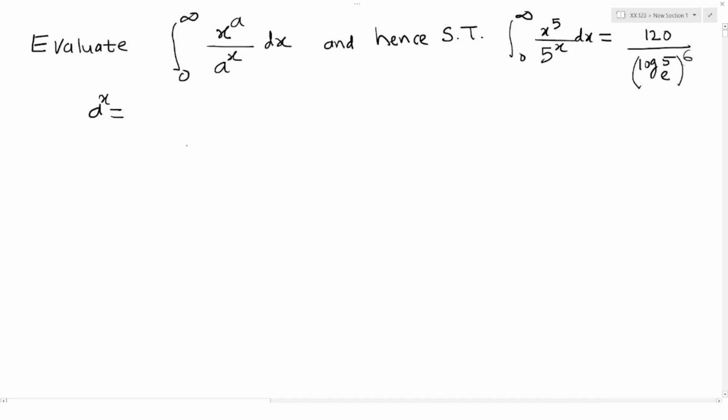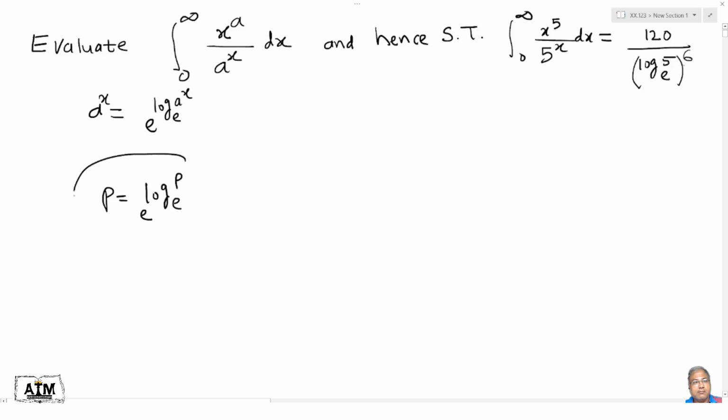We are going to use a logarithmic property. Here a raised to x is there. That can be written as e raised to log a raised to x to the base e, because we know the logarithmic property p equals e raised to log p to the base e. This is a logarithmic formula.